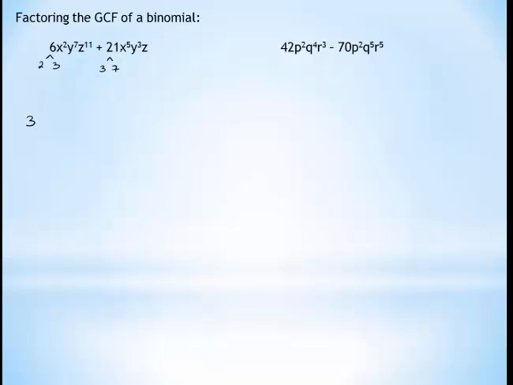I have 2 x's and 5 x's, so I can bring out 2 x's. 7 y's and 3 y's, so I can bring out 3 y's. 11 z's and 1 z, so I can bring out 1 z. Now, that was my first step. I find the GCF. Then my second step is to put in parentheses what's left.